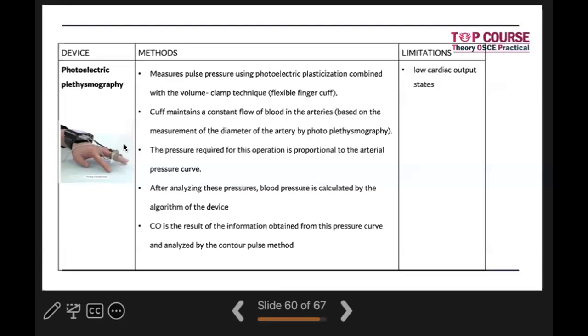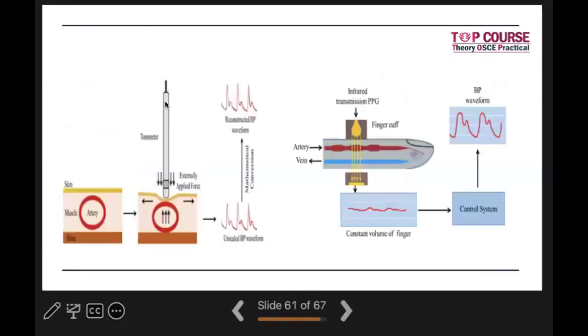The cuff maintains a constant blood flow in the arteries, okay? And the pressure required for this operation is proportional to the arterial pressure curve. You can see that there is a pressure applied to the finger vessels, and using which the proportional blood pressure waveform is being constructed.